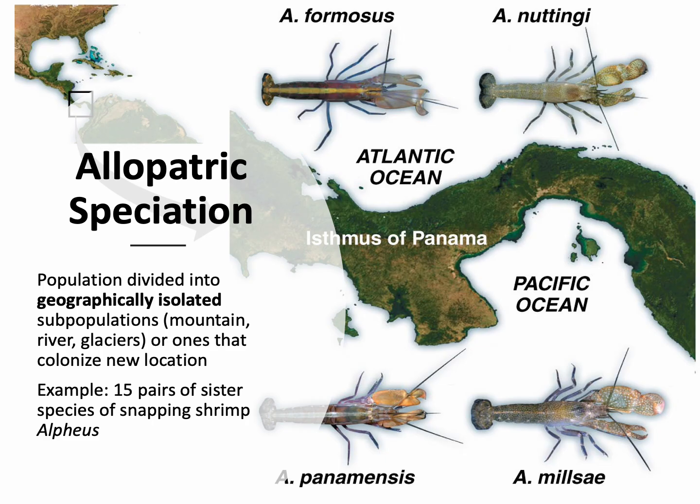And then you look on the Pacific side of Panama, and you'll see slightly different versions of those same 15. So you end up with 15 pairs of snapping shrimp that can be paired up based on their more recent evolutionary separation. It's a great example of allopatric speciation, but there's no shortage of these.